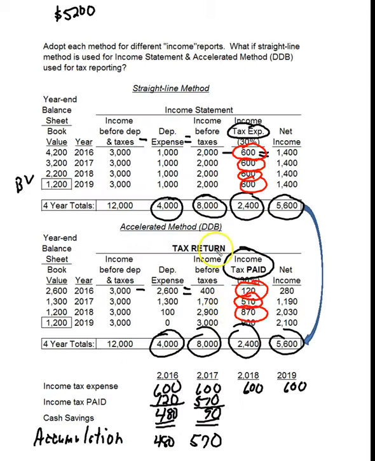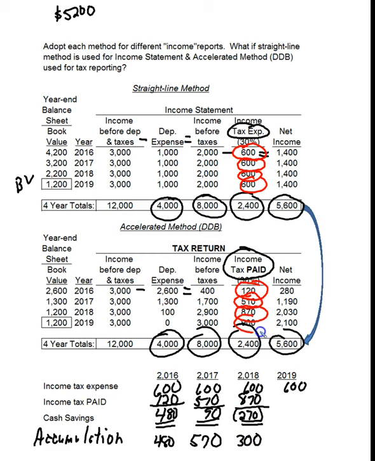So we're going to see depreciation, 1,000 versus 100, turn around, and we will see income turn around and income tax paid turn around. So now we're going to pay $870. So we actually pay more than our expense this time. So we have a deficit of $270. We had accumulated cash savings of $570. Now we have a cash deficiency of $270. Accumulated goes down to $300.